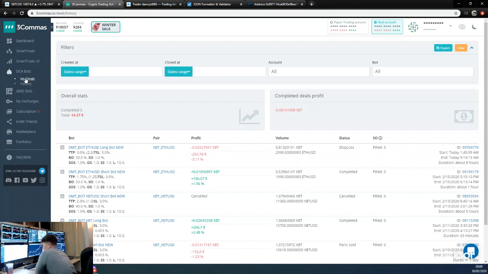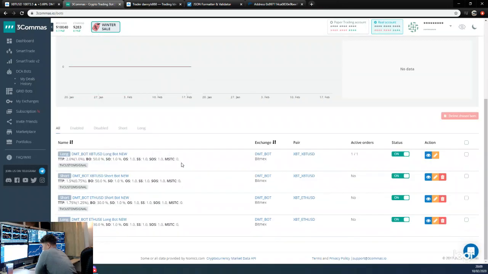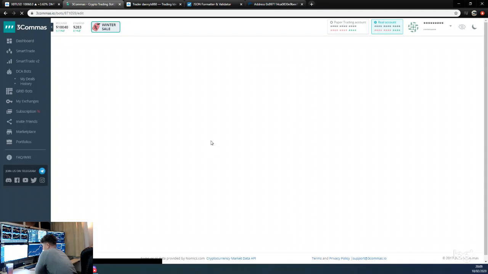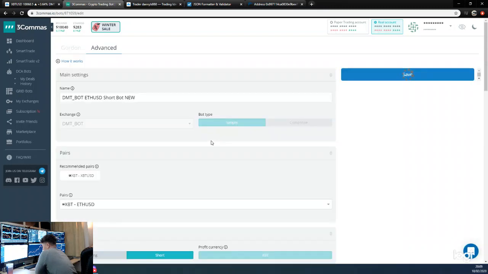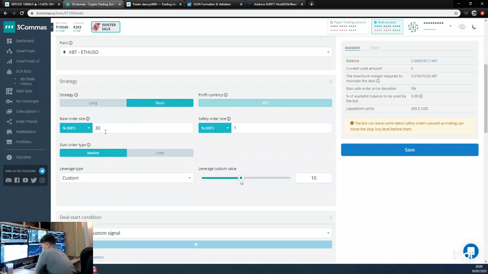Going over to the bots then. I'm going to adjust these Ethereum bots that we've got going on. The Ethereum short bot we'll do first. We'll edit this. As you can see, I was going for 30% of my BTC size. This was the short bot, wasn't it?